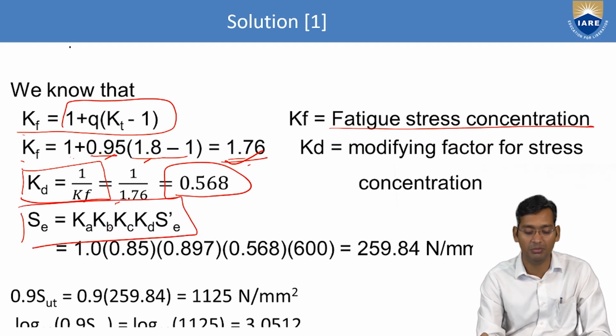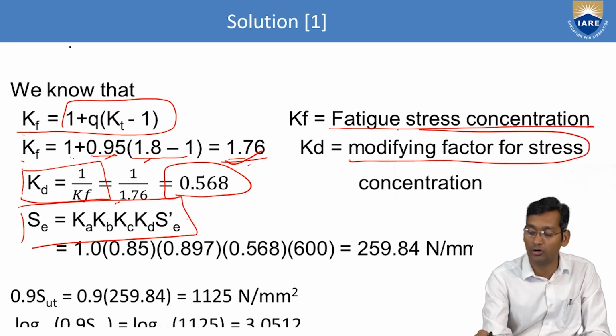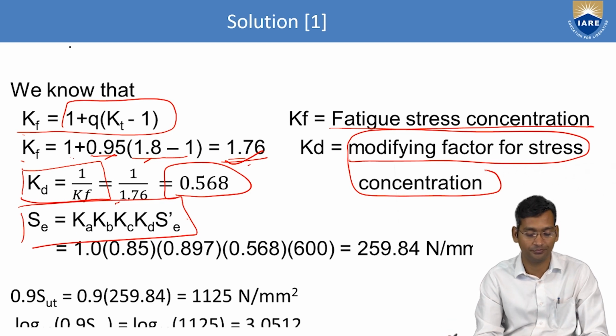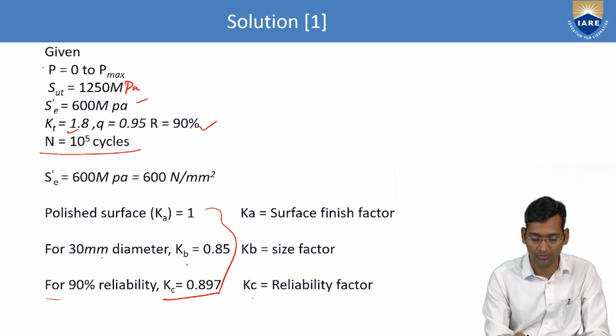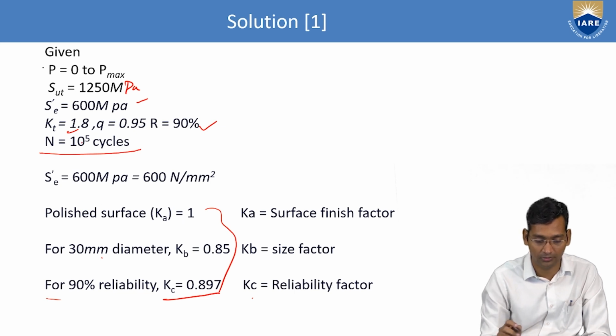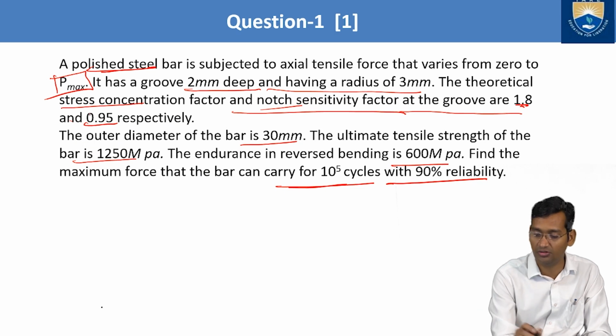Now S E is Ka, Kb, Kc, Kd into S E dash. We have Ka, the surface factor, as 1, and Kb, Kc and Kd. Kd is the modifying factor for stress concentration.